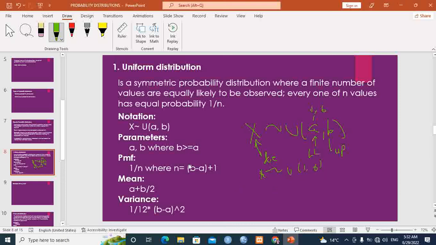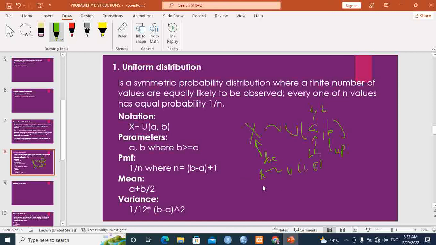The parameters are a and b, where b should be equal to or greater than a, because we said one of them is the upper limit. The probability mass function is 1 over n, where n is b minus a plus 1.